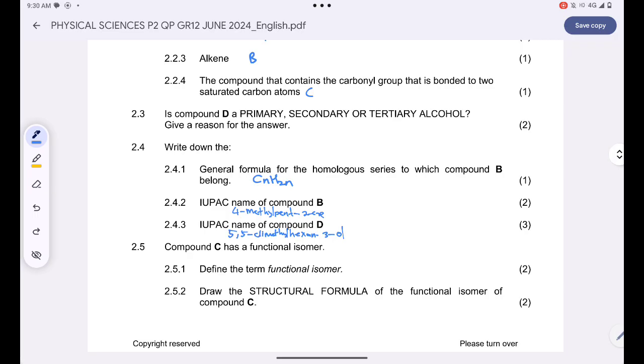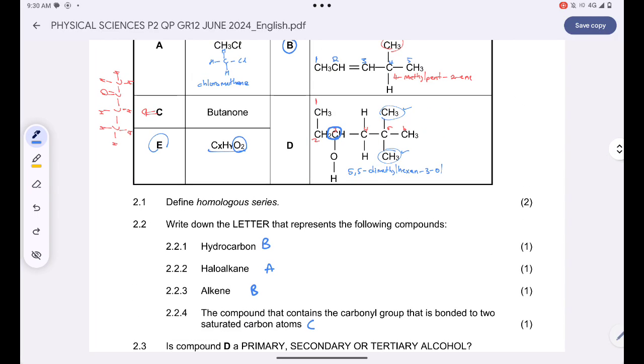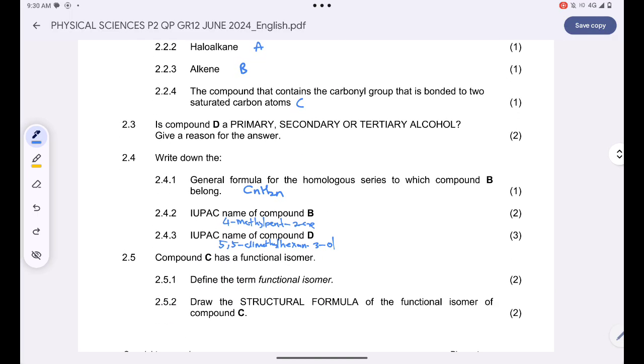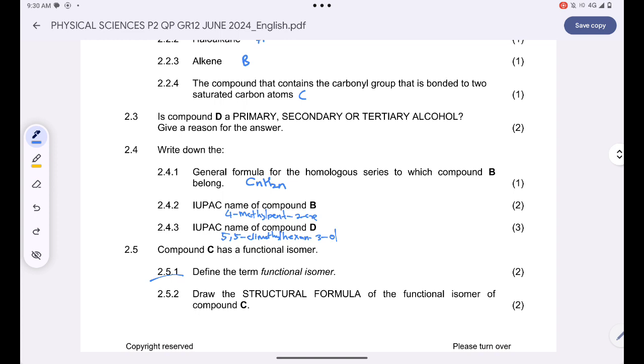So I already know that since they are talking about compound C, which is a ketone, its functional isomer has to be an aldehyde. Okay, we've already defined the functional isomer, but let me repeat it. A functional isomer, guys, is just two compounds that have the same molecular formula but different functional groups.